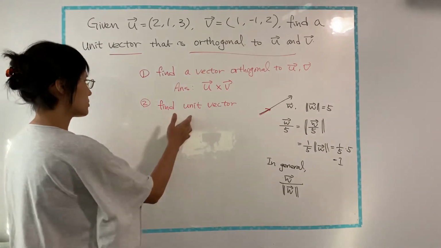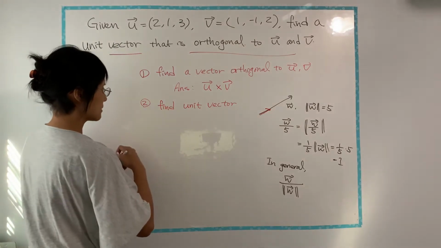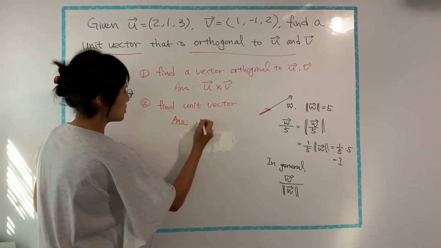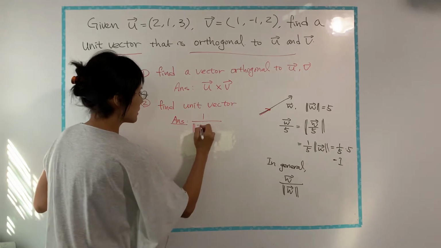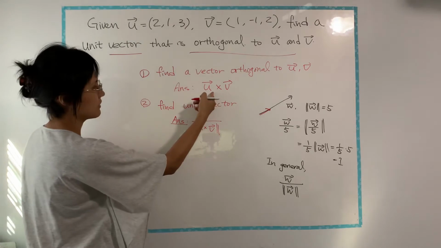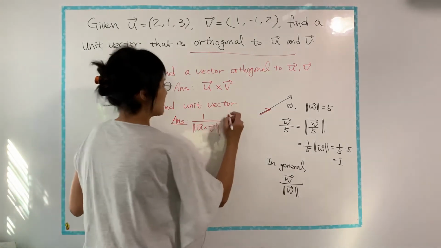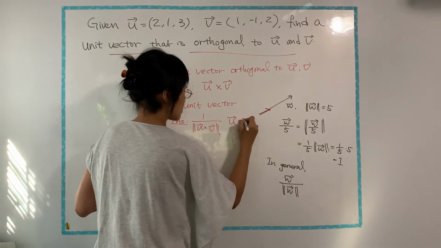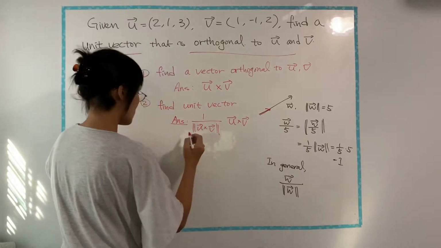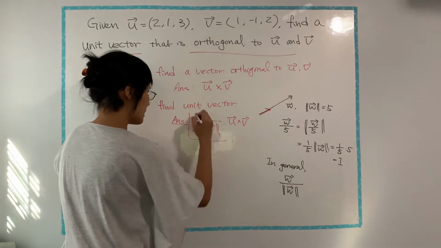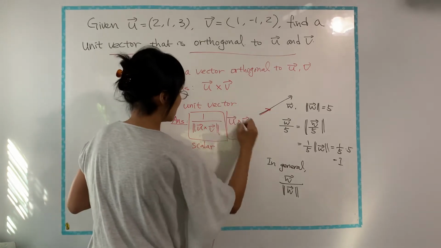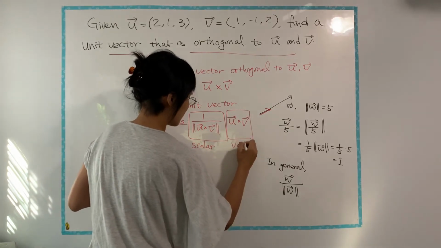So that's how we're going to do it. Step 2 is you will find the length of the vector you get from step 1, from the cross product, and use that to adjust the vector U cross V. Keep in mind here it is a scalar, and U cross V is a vector.